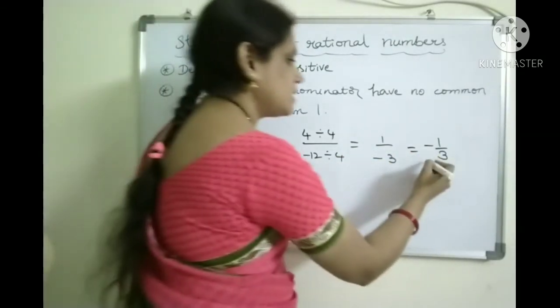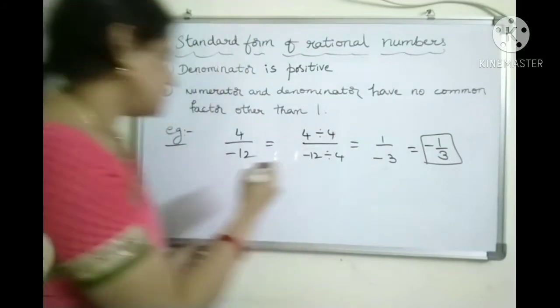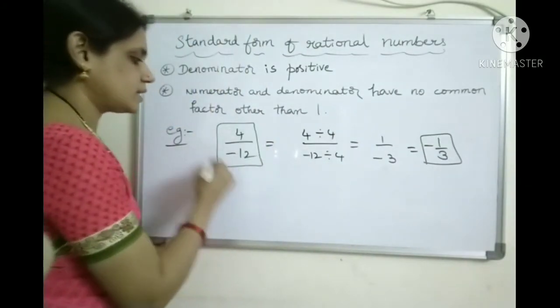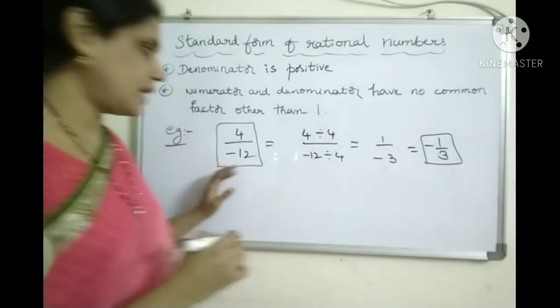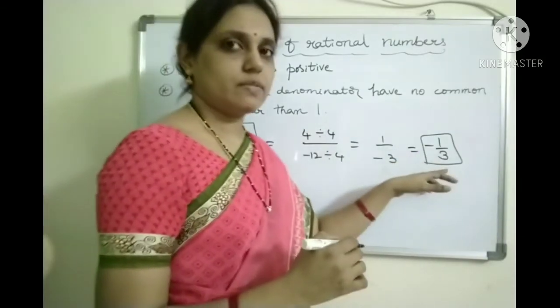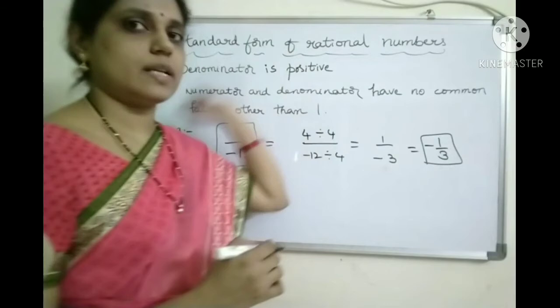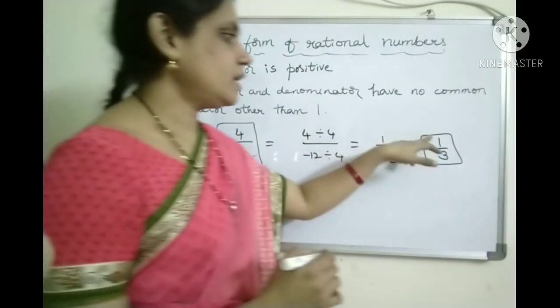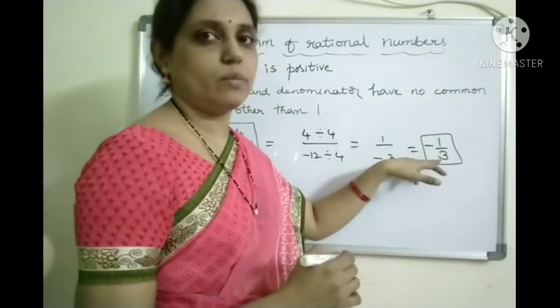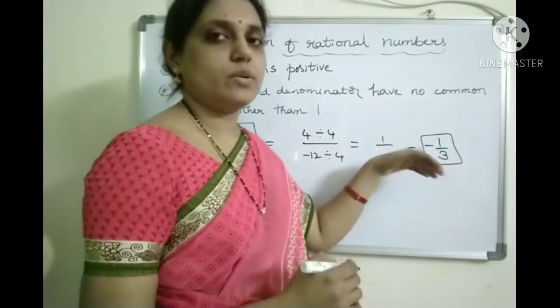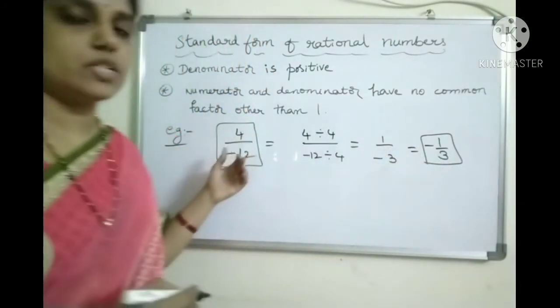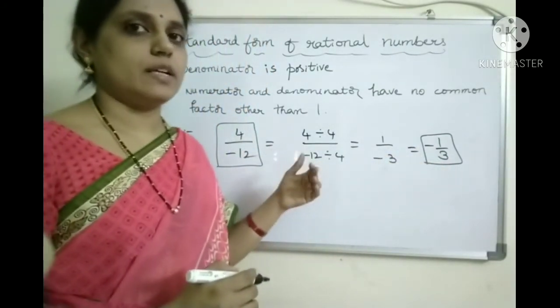So this is the standard form of this rational number 4 by minus 12. Now once we check, denominator is positive, the first condition is satisfied, and numerator and denominator do not have any common factor other than 1. So in this way we can convert the given rational number into its standard form.